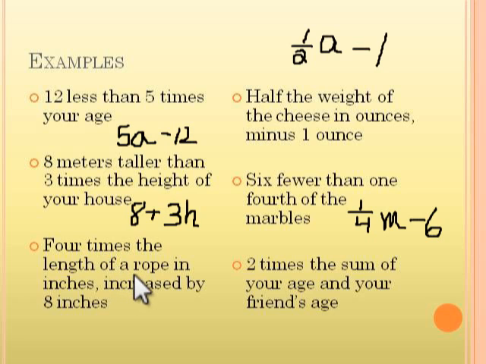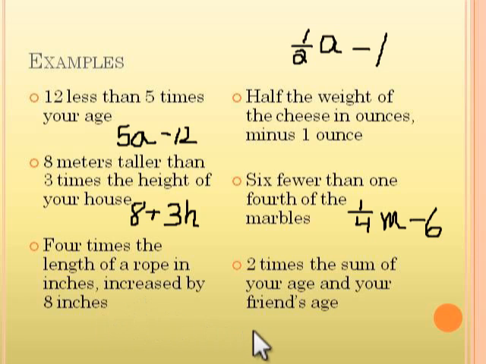I don't know. So there's my variable. I could make it an R. I could make it an L. I could make it an I. I could make it an X. It doesn't matter. 4 times your letter. Increased by would be, that's right, add. So 4 times variable plus 8.